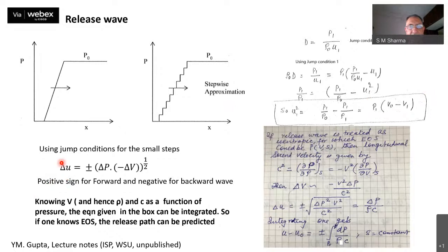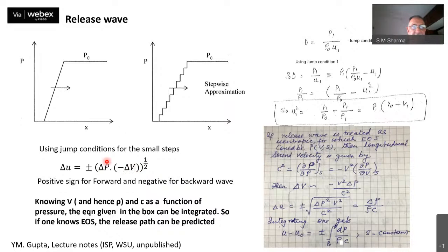Let's see what happens. So you can call, therefore, small delta U in each of these jumps equal to plus or minus the square root of delta P, that is P1 with respect to P0, times the small volume change, delta V. Because it is a release wave, the volume is increasing, so this delta V is negative.